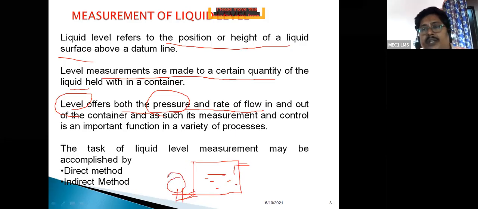When you rotate the valve, one rotation and two rotations, the speed of the flow increases and thereby the pressure changes. So the level mainly depends upon the rate of flow into the tank and the rate of flow out of the tank, and also the pressure.